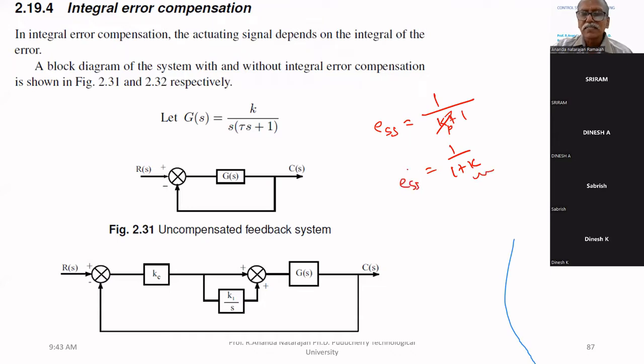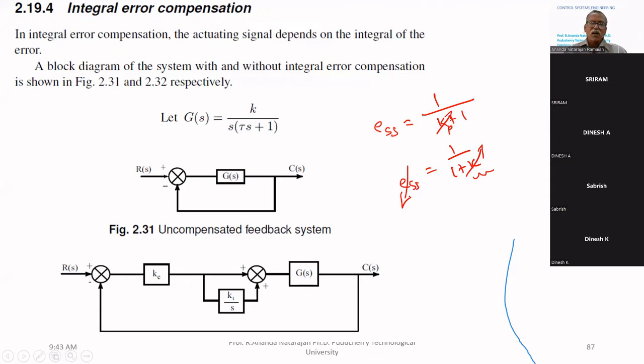If K increases, steady state error will decrease. But the problem is you cannot increase it beyond a certain value from third order onwards. That is one drawback. Another drawback: only if you make K equal to infinity is the steady state error 0. But it is not possible to have an amplifier with infinity gain, even if it is a first order system.